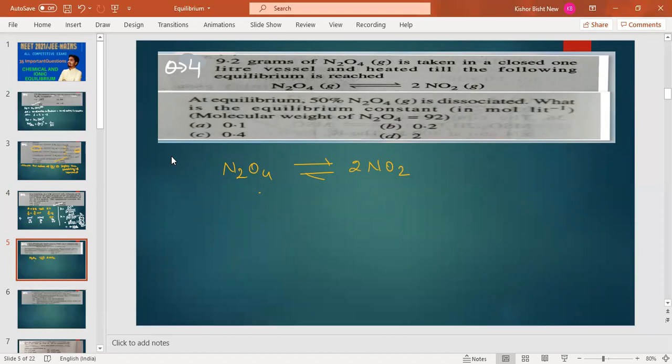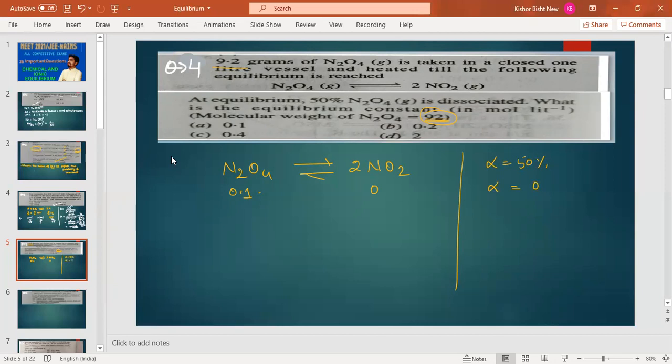First of all, you calculate the concentration: gram weight upon molecular mass. Molecular mass is 92 and gram weight is 9.2, so you will get 0.1, and initially NO2 is 0. Now it says 50% dissociated, so alpha is equal to 50%.